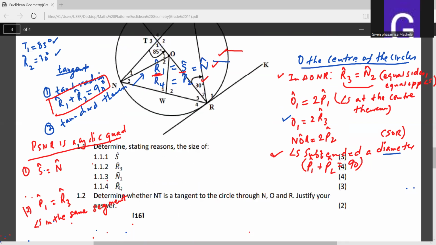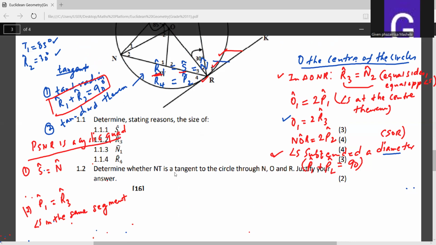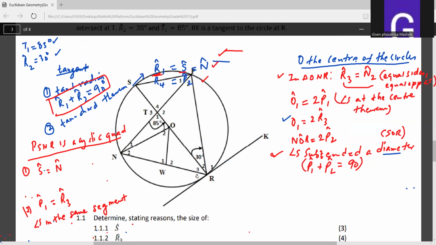So I've answered that. Then the last one says, determine whether NT is a tangent to the circle. And this is very important. Determine whether NT is a tangent to the circle through N, O, R. Where is NT?